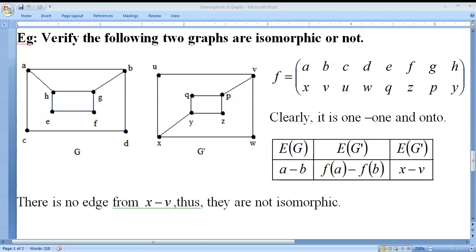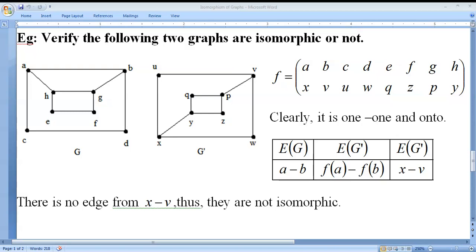The important point is you cannot map elements of the domain to the same element of the codomain. The example is, a is mapped onto x, so you cannot map f to x.